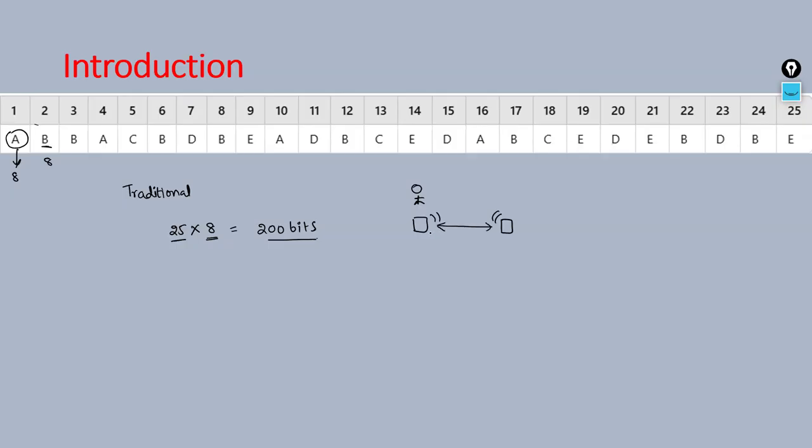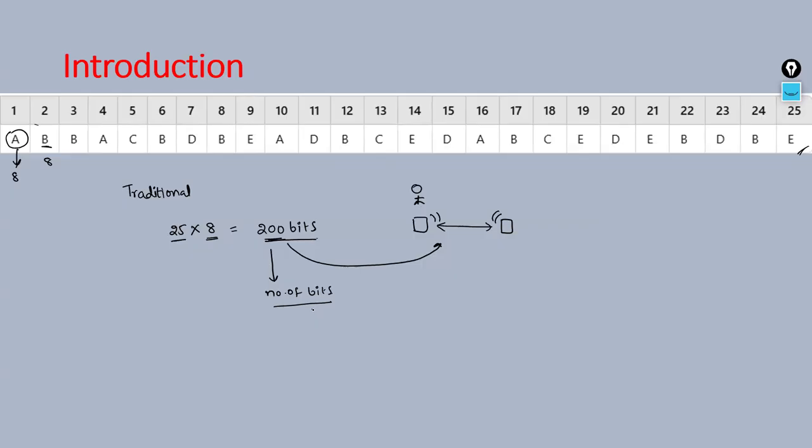These are two independent devices exchanging information. For these 25 characters, 200 bits of data are transmitted. Instead of sending 200 bits between two devices, suppose we reduce the number of bits without losing the data.